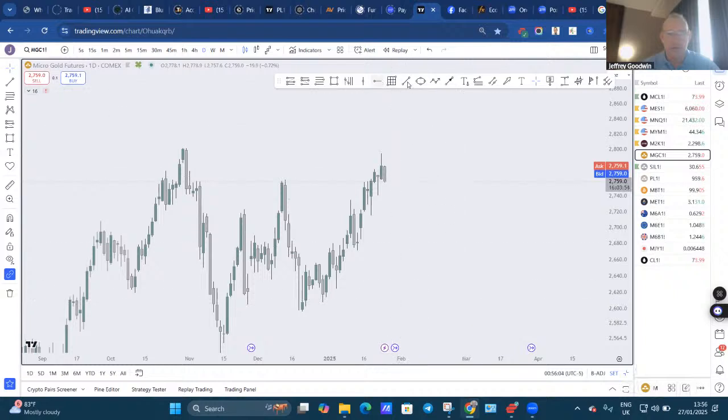So as per normal, do the exact same setup. We have, look at the close, 277. Okay, close up here.